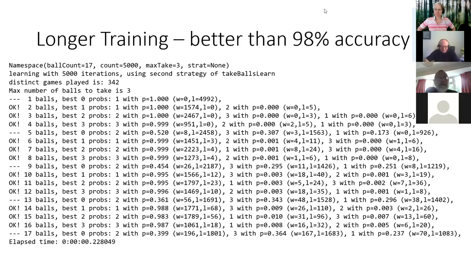There are a number of interesting things to get out of it, but it also brings home that you have to think about certain things. To Jacob's point, I don't need to know the best strategy, in that I can see that the behavior of the system is converging very nicely. If I look, for example, at 8 balls, taking 3 balls, I've won thousands of games and lost hardly any.